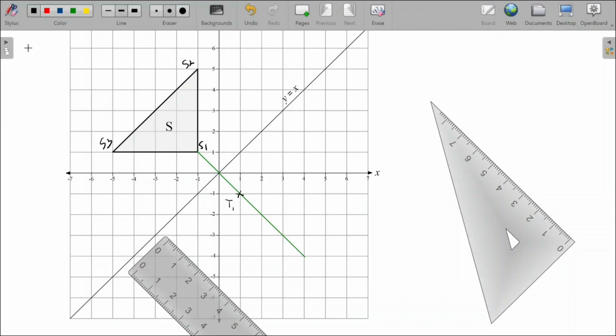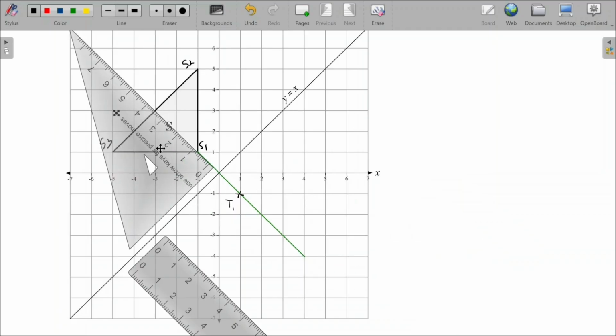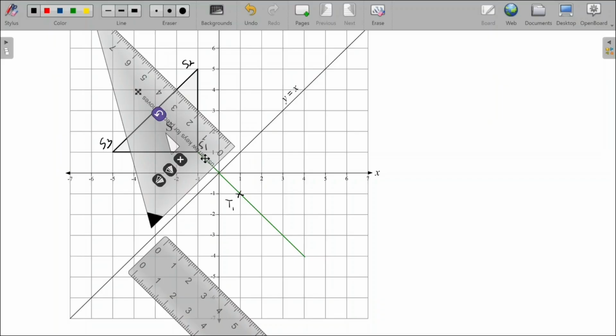So we'll take our set square again, and we'll make sure the base sits on the slanty line, while the part that makes a 90 with the base runs through S2. So we set our set square on the slanty line.